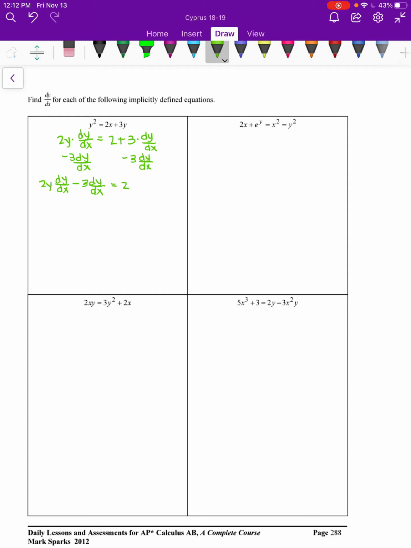Now on the left side, I have dy dx on both terms, so I'm going to factor that out. So I can take dy dx and factor it out of both of them, so I'm left with 2y minus 3. And then I can divide both sides by 2y minus 3. So I'm left with dy dx equals 2 over 2y minus 3.